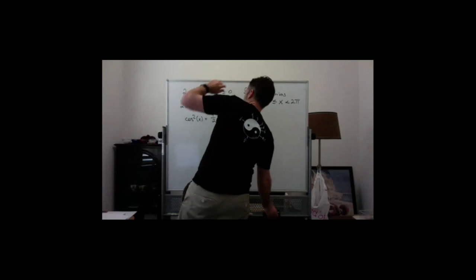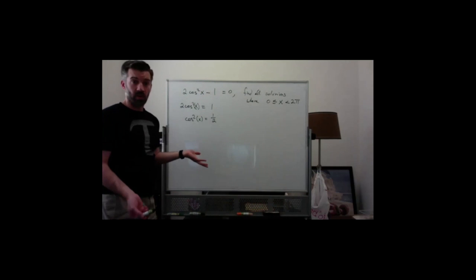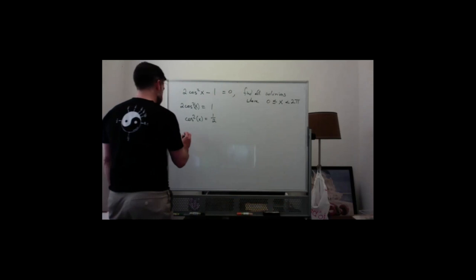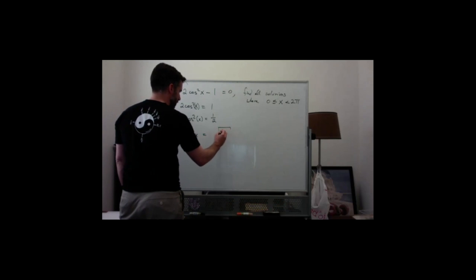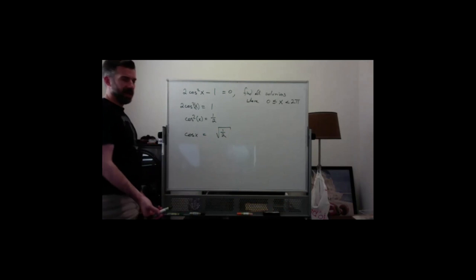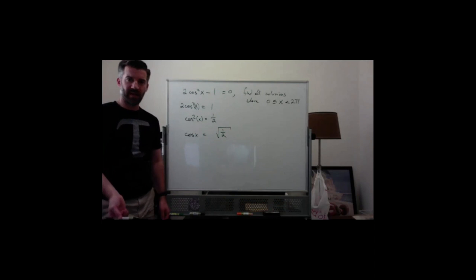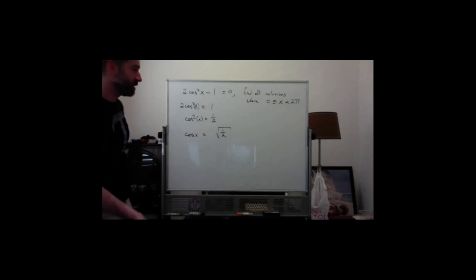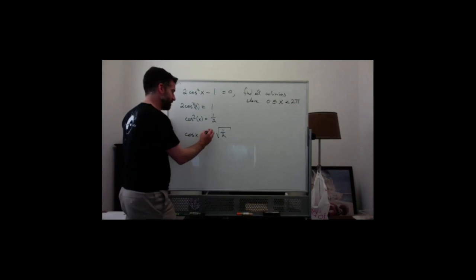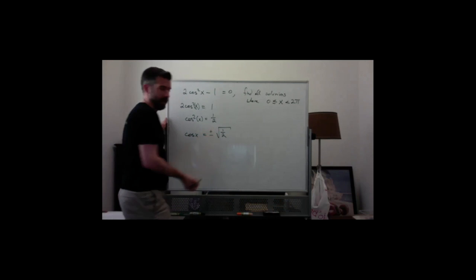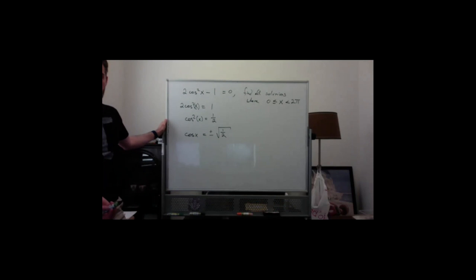So we're going to take the square root of both sides. We get cosine of x over here, and the square root of 1/2 over here. Now, I left something off, and I even left room for it. It's not just that cosine of x is equal to the square root of 1/2. It's actually that cosine of x is equal to plus or minus the square root of 1/2.